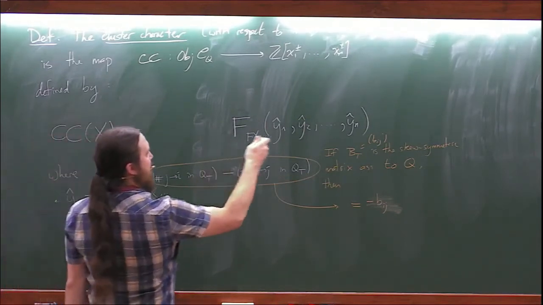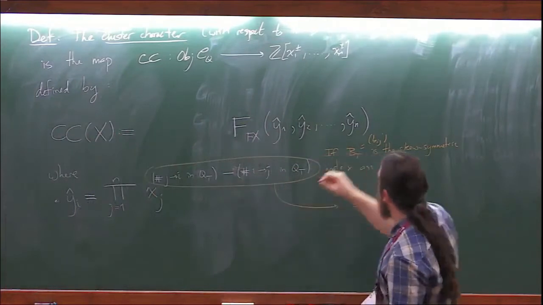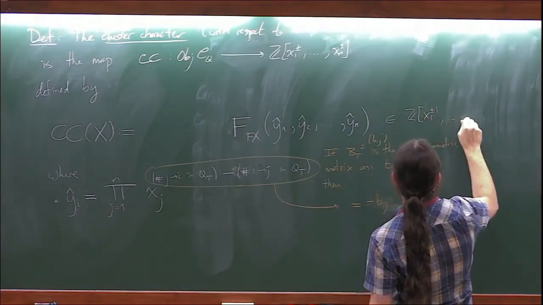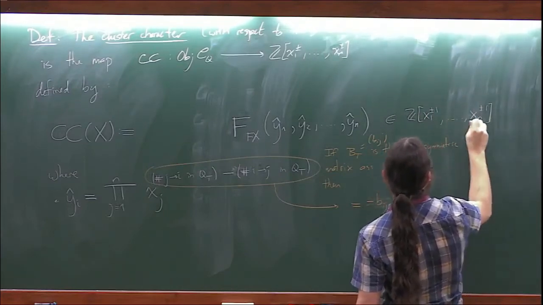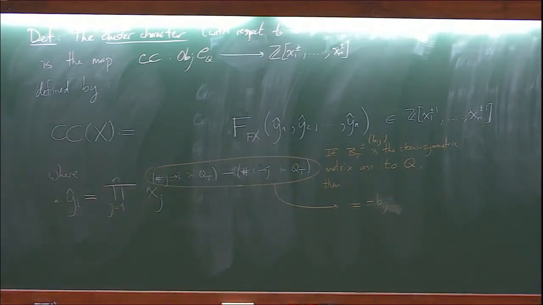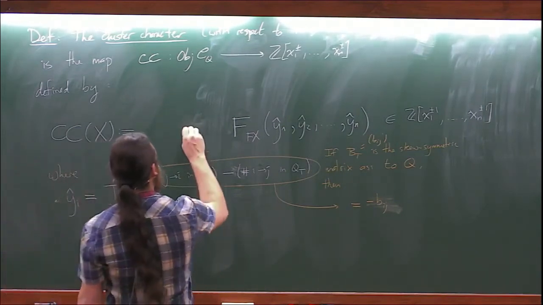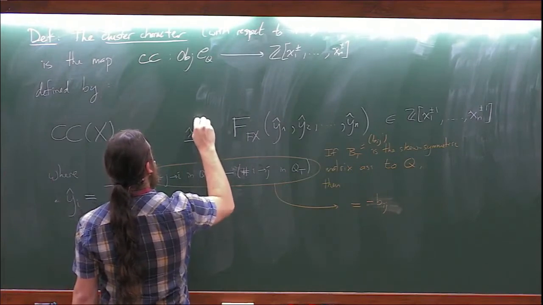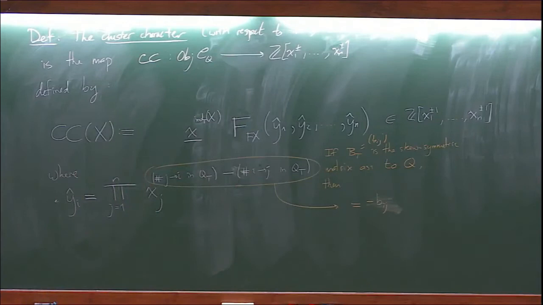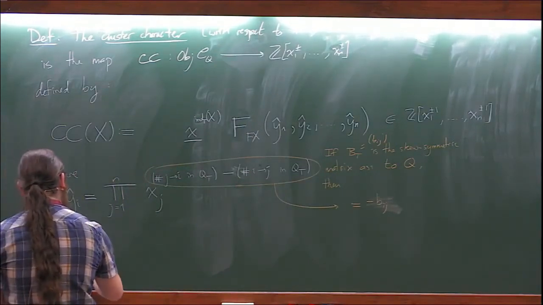And so this is an F-polynomial that I evaluate in some Laurent monomial. So this lives in Z[x1^±1, ..., xn^±1]. And I need to multiply by a certain monomial taking into account the index of my object X. So what does this mean?